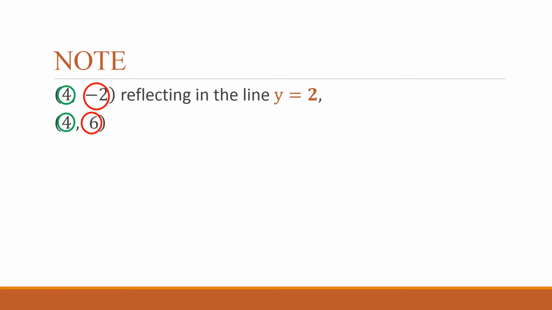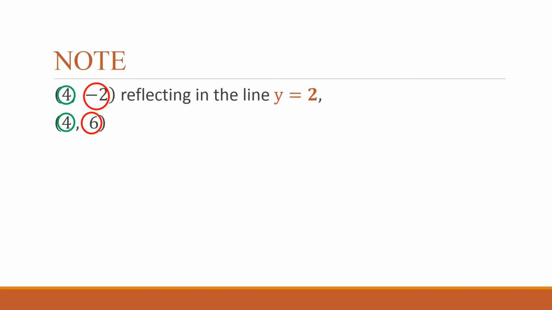So anytime you are dealing with reflection in the line y equals k, the only thing that changes is the y coordinate. If you remember, in our previous lesson, when we were dealing with reflection in the line x equals k, the only thing that changed was the x coordinate. So let's take note of that.